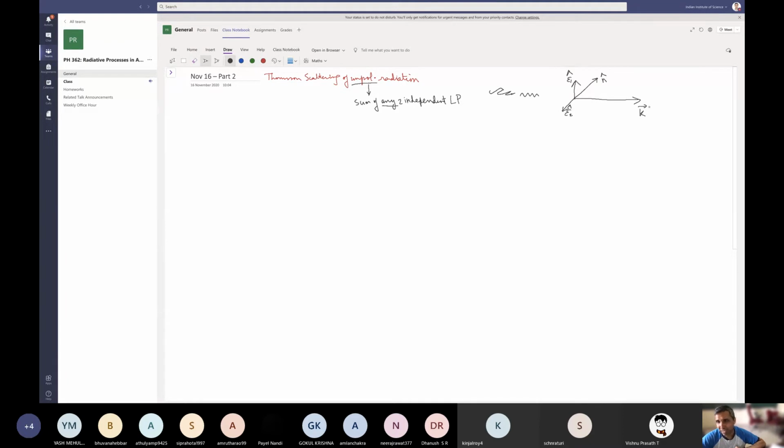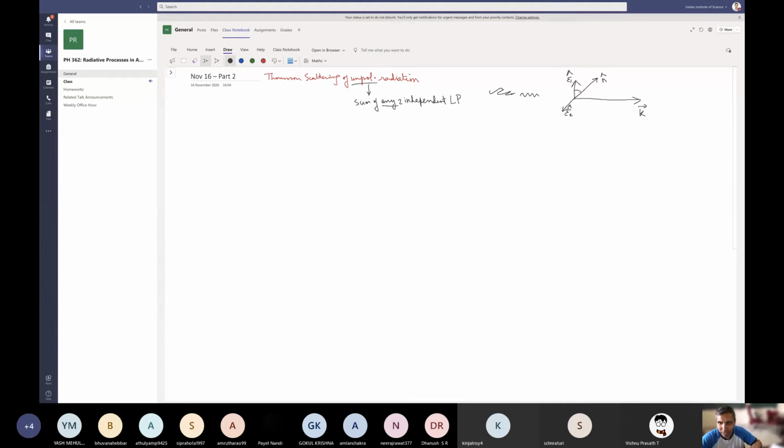So we have k, the direction of propagation of both these polarizations, and n hat is some direction in which we are looking, and we choose epsilon 1 hat to be in the plane of n hat and k hat, because we can choose any two independent linearly polarized light when we are treating unpolarized radiation.